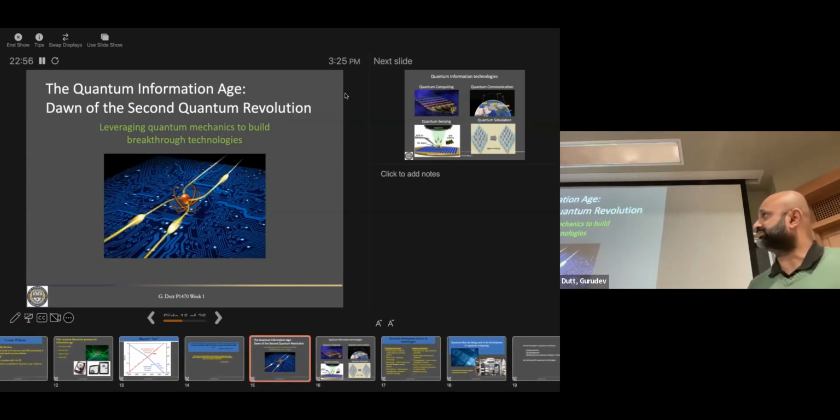In the first quantum revolution, we used quantum mechanics to predict the properties of many different things. And we used those predictions to engineer, to understand materials better and build new types of devices and so on. But we didn't really leverage three fundamental principles that are at the heart of quantum mechanics.